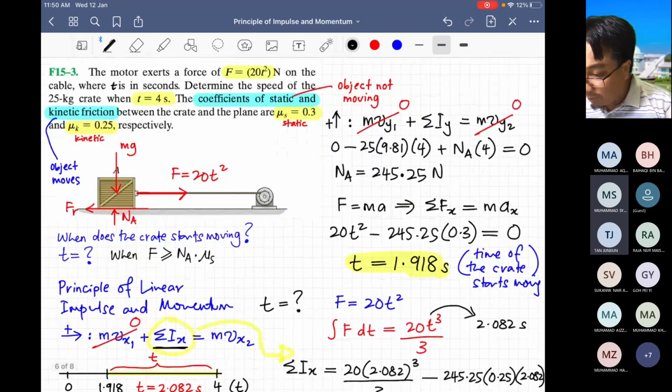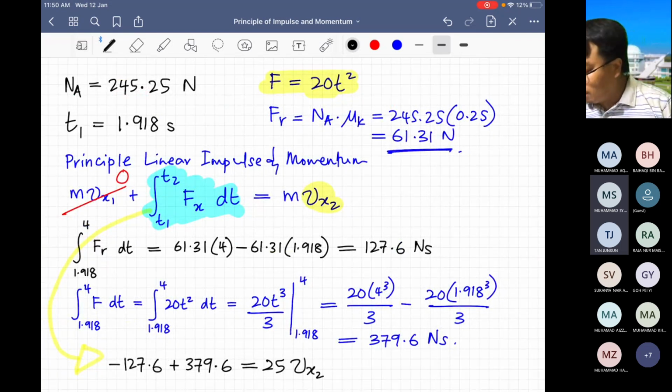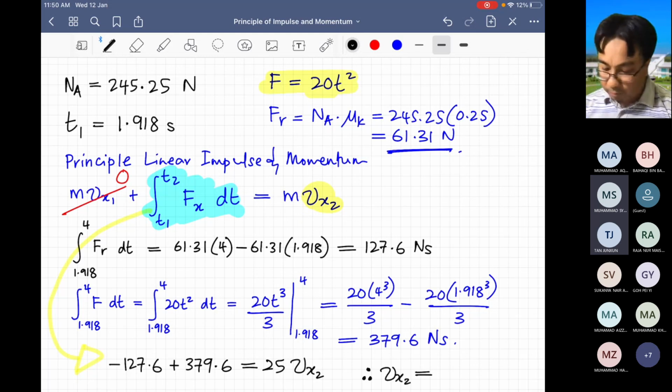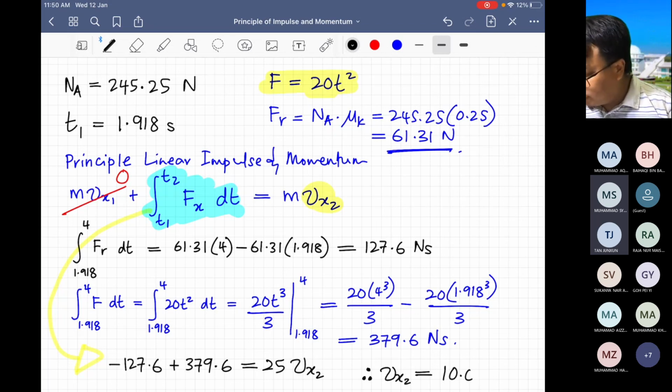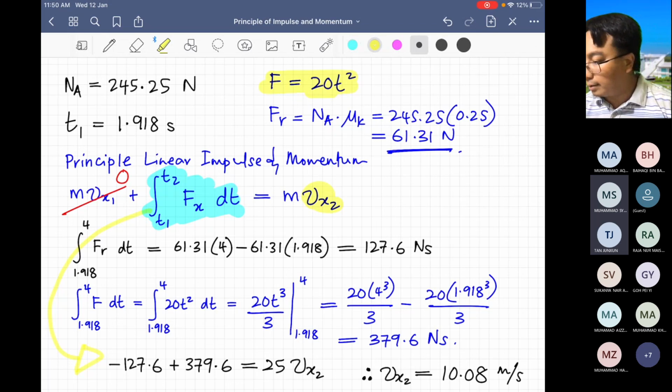M dia berapa tadi? M 25. So dekat sini barulah kita akan dapat the value of Vx2, which is equal to 379.6 minus 127.6 divided by 25. So kita dapat 10.08 meter per second. Okay, so this is the final answer lah.